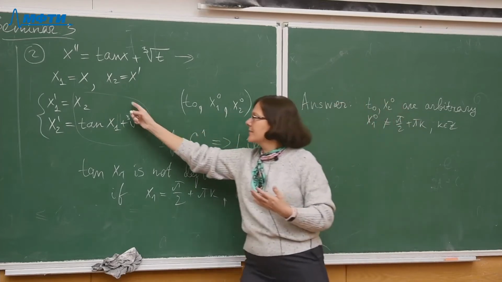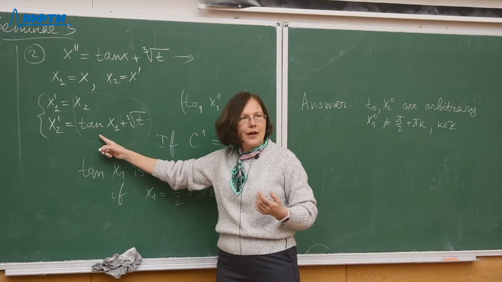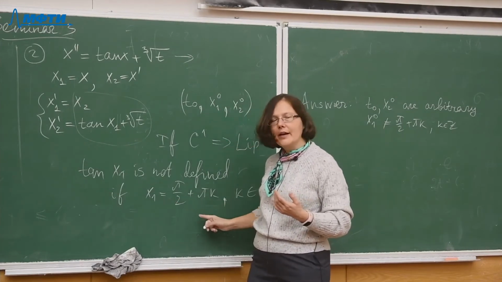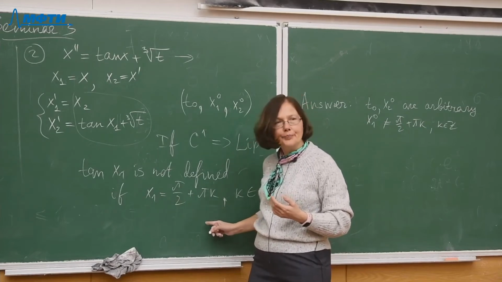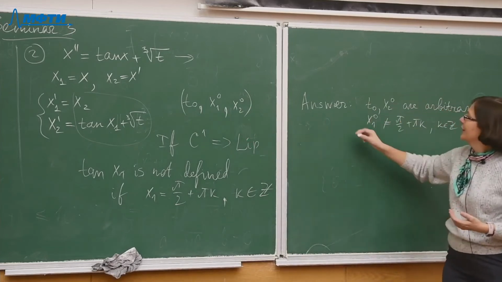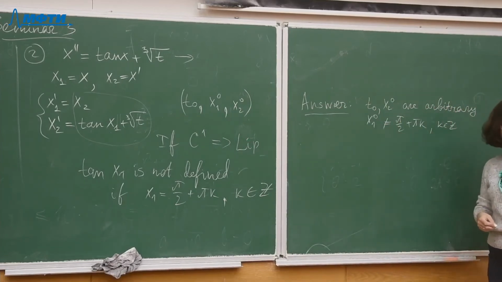But what about x1? The second component of this function is not defined at these points if x1 has this form. And so we must exclude these points from our initial conditions.